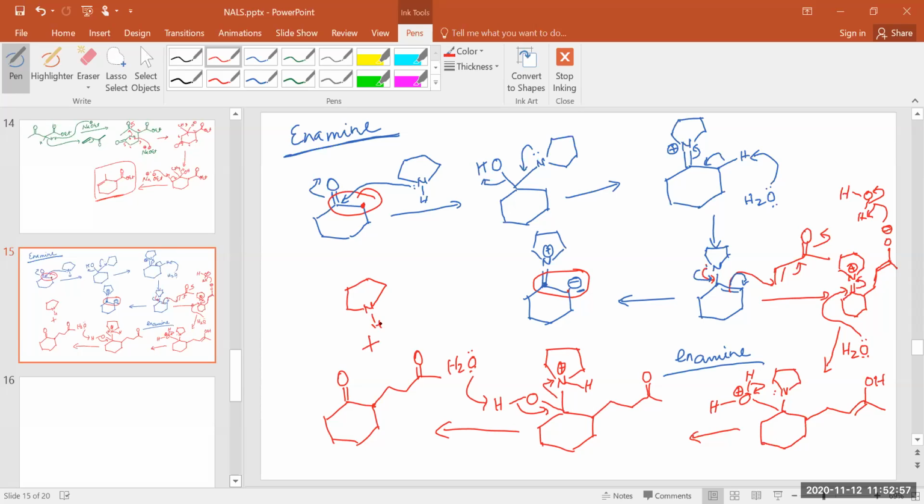So it's a catalyst. What did you see in the overall reaction? That this alpha beta unsaturated ketone is added to this alpha carbon. This is the overall reaction.